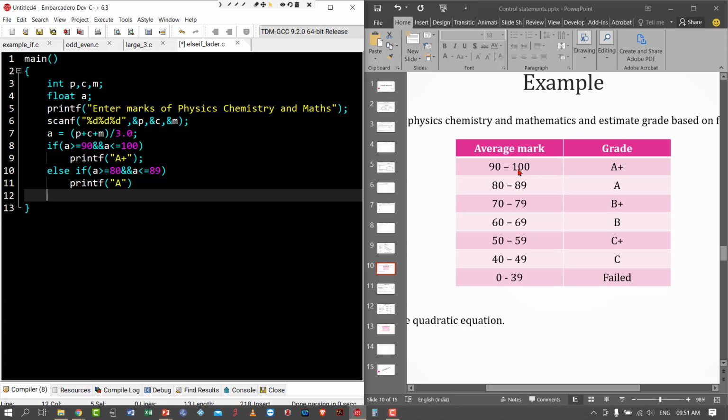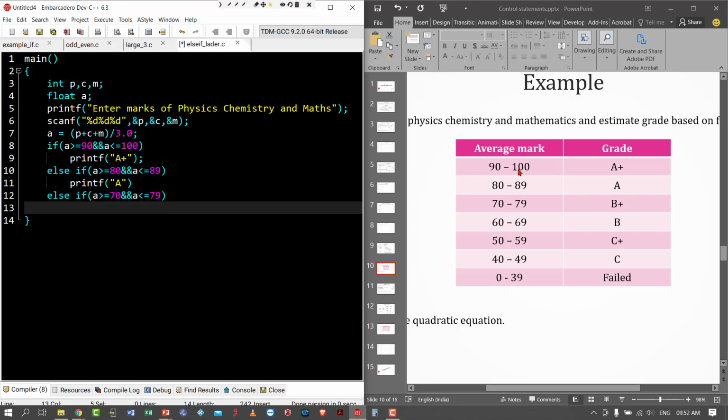Yes, sir. What will be the next statement? Else if a greater than or equal to 70, double and, logical and, a less than or equal to 79.